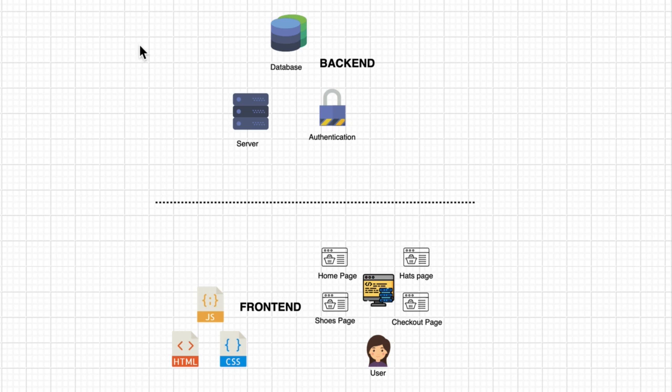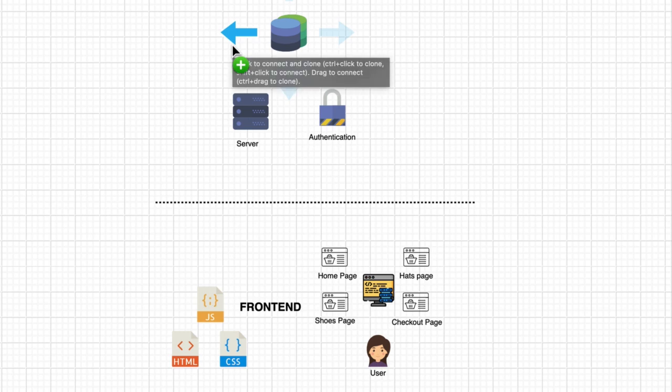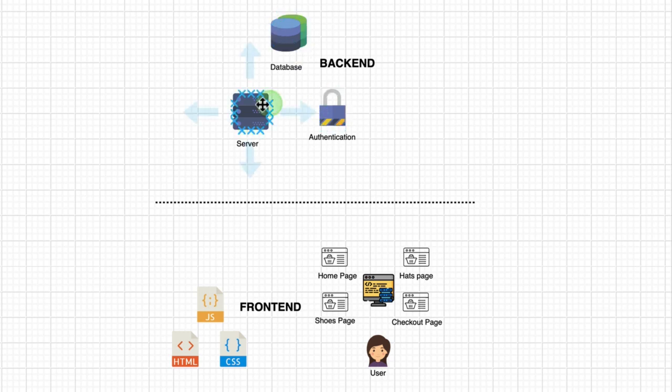Well, our server would figure out the best way to query the database for the 20 latest hats in all those thousands of items that are available. It would have to figure out what are hats, right? And what are the latest 20? And then what's the most efficient way to fetch that data? That code is all back-end coding. We on the front end don't generally do any of that stuff.